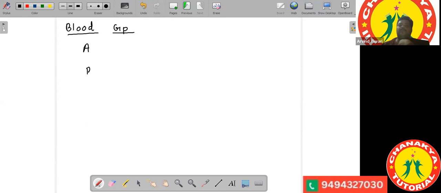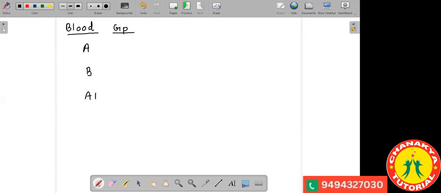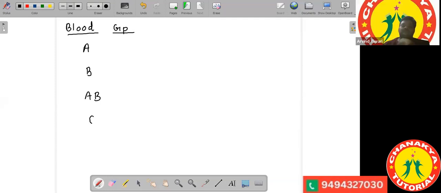We have blood group A, blood group B, blood group AB, and blood group O. Okay. And they are classified as these types depending on the type of antigen and antibody which they contain. Antigen and antibody.